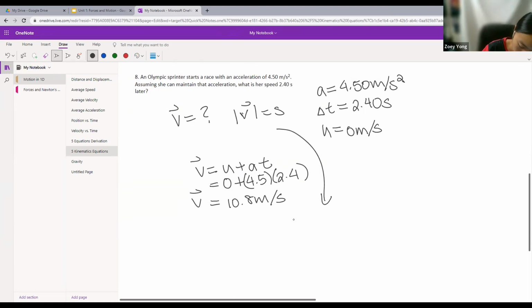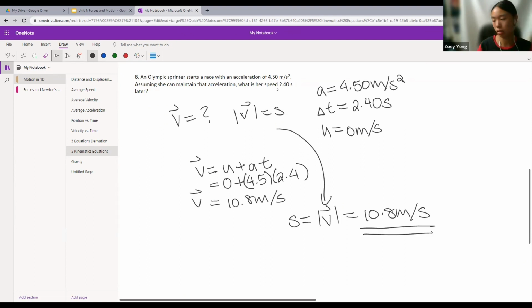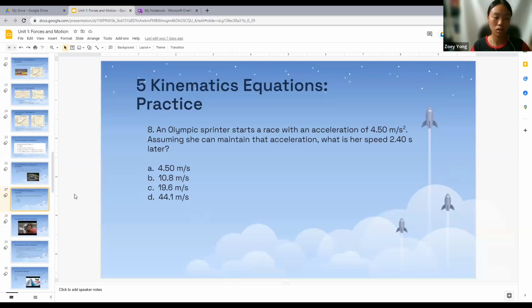From here, we know that speed is equal to the magnitude of velocity, and since the velocity is already positive, and there's no direction other than a positive or negative sign, we know that the speed is 10.8 meters per second after 2.4 seconds. If you look here, our answer is B.